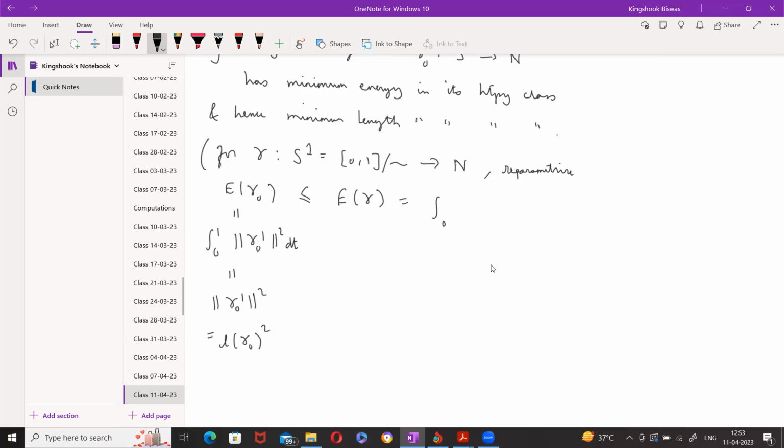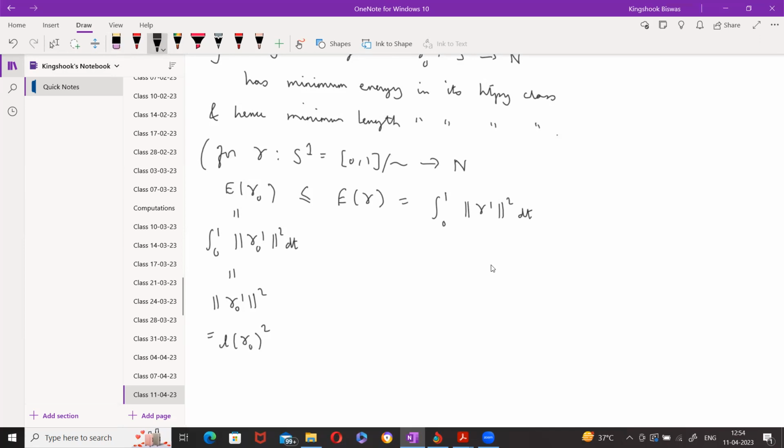This is the integral from 0 to 1 of norm gamma prime squared. No, I'm being stupid.